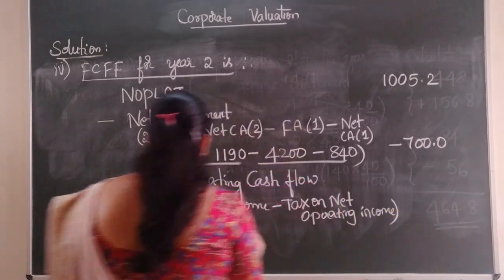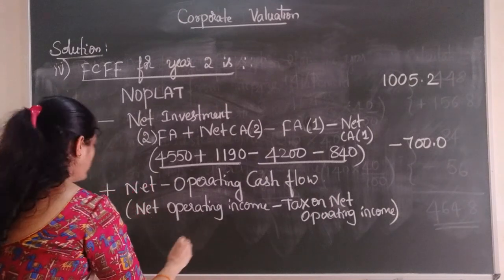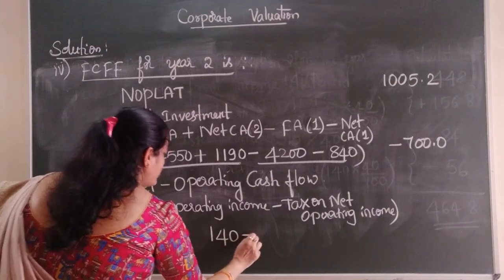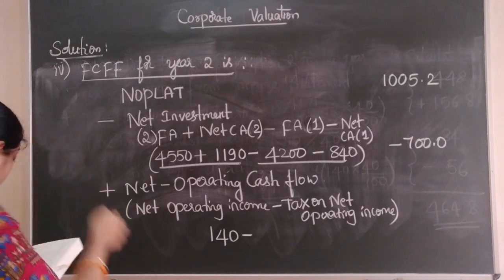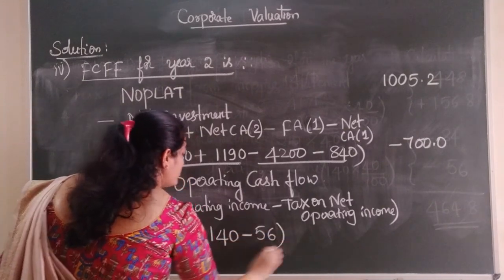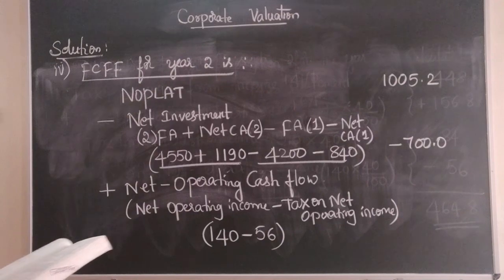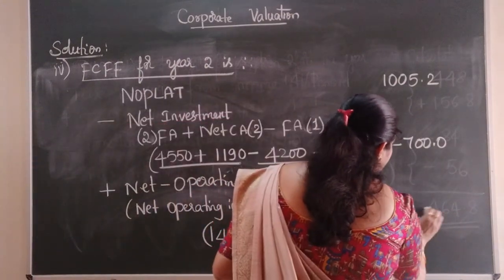So, net operating income according to the problem is 140, minus tax on net operating income, which is 56. So, what is the answer? 84, we need to add.